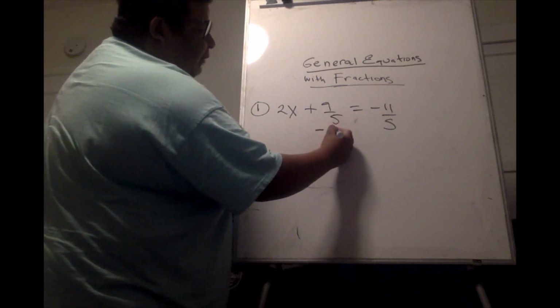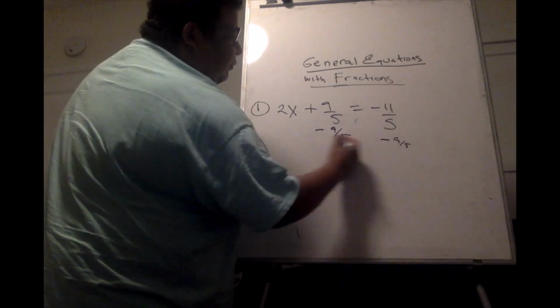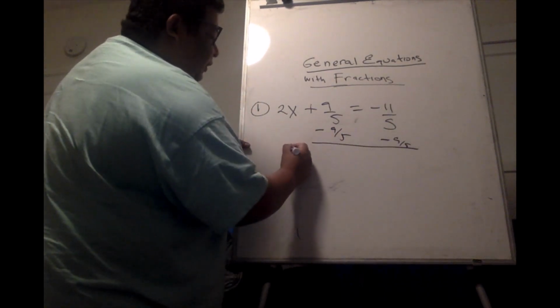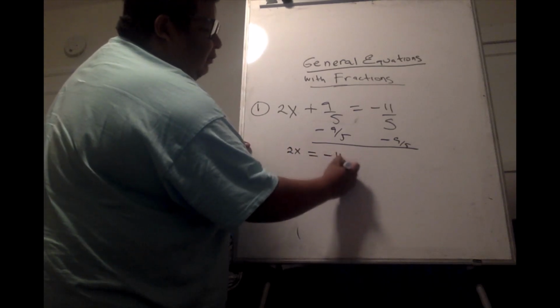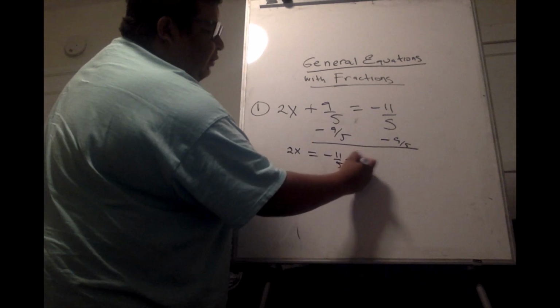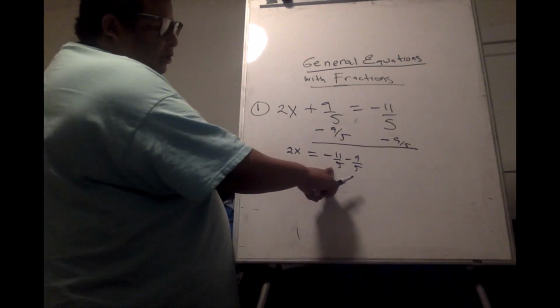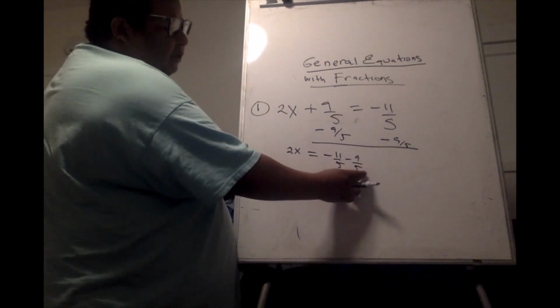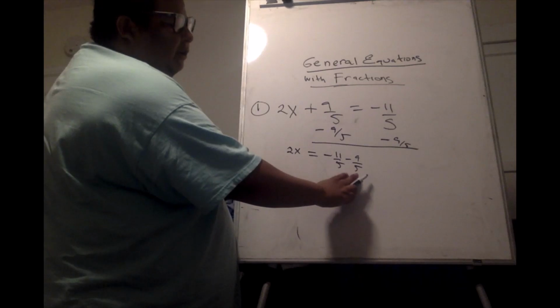So we're going to move 9 over 5 to the other side. So we have 2x equals negative 11 over 5 minus 9 over 5. Notice we have two fractions. For two fractions to be added or subtracted, we need to have the same common denominator.